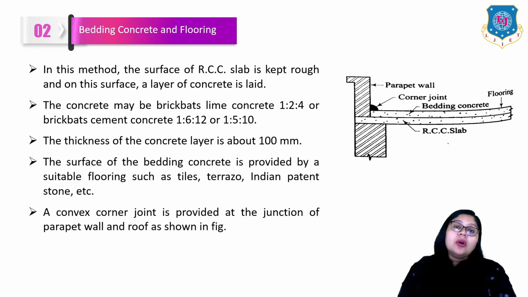So the thickness of the concrete layer is about 100 mm and the surface of the bedding concrete is provided by the suitable flooring such as the tiles, terrazzo, Indian pattern stones, etc. A convex corner joint is provided at the junction of parapet wall and roof as shown in this figure. So you will get a clear idea from this image.